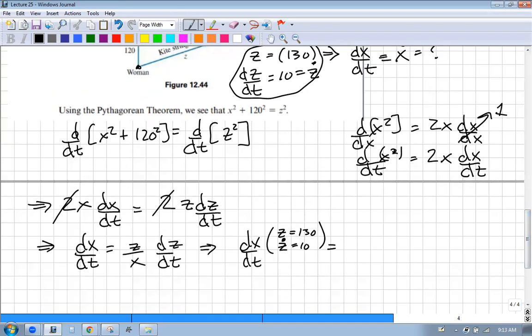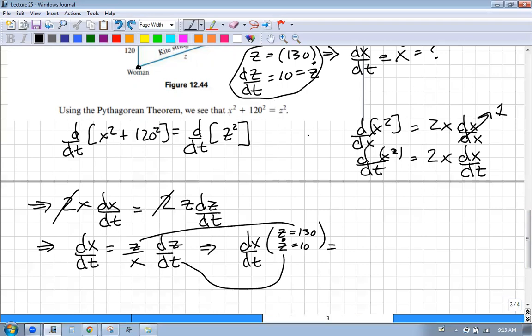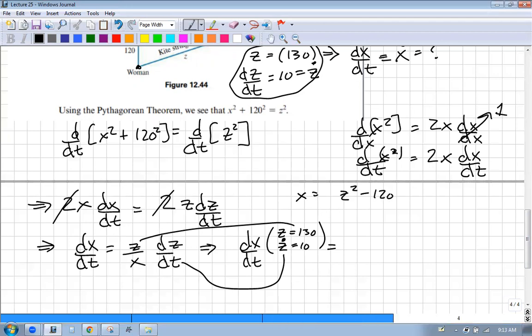So we just plug these in. Let's replace that. Replace that. But what about the x? What do we do there? We go back to this. This guy here says that x, moving the 120 squared over, is the square root of z squared minus 120 squared. Well, if z is 130, then I know what x is when z is 130.